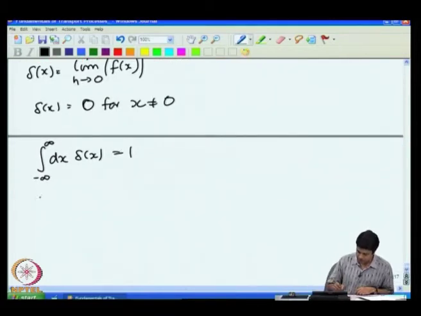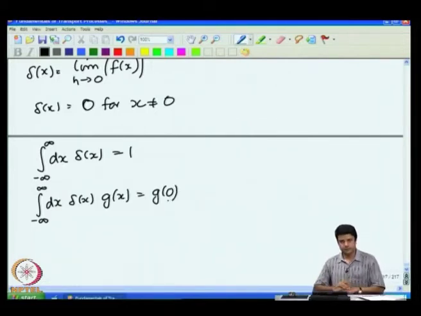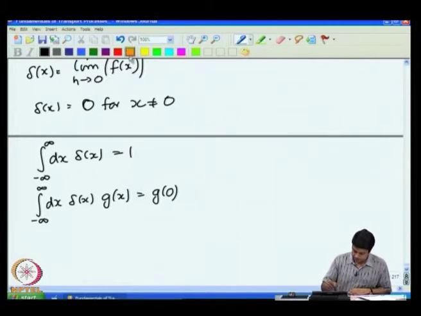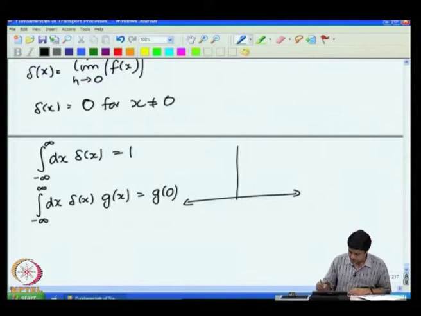that is that integral minus infinity to infinity dx delta of x times any function g of x is equal to g at 0. Let me explain this in a little bit more detail. This is x. This is the function g of x.